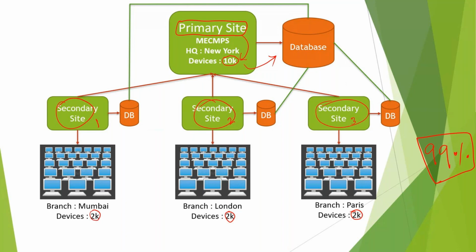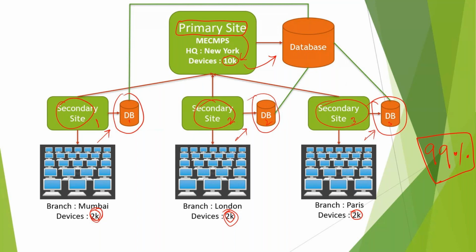These three site servers will each have a database: database 1, database 2, and database 3. Whatever data the secondary collects, those 2,000 devices' data will be in its database, and similarly for the others.